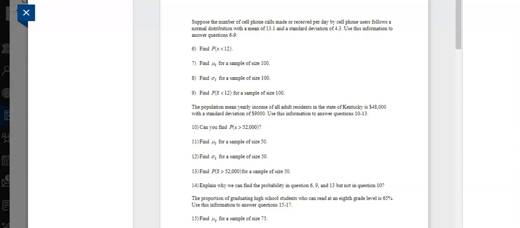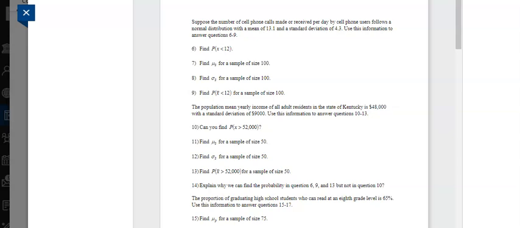So up here, we have a mean of 13.1, a standard deviation of 4.3, and we are told that this is a normally distributed distribution. So let's notice that this says the probability that x is less than 12 as opposed to x bar is less than 12.